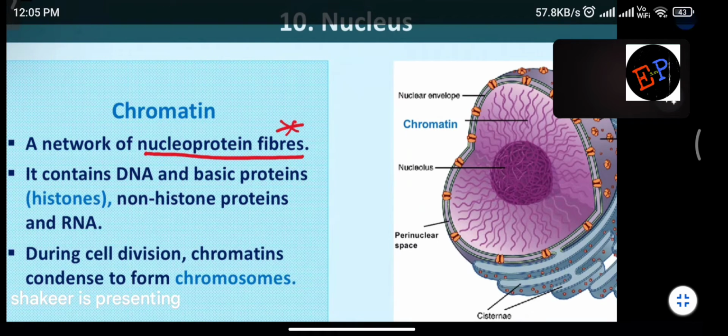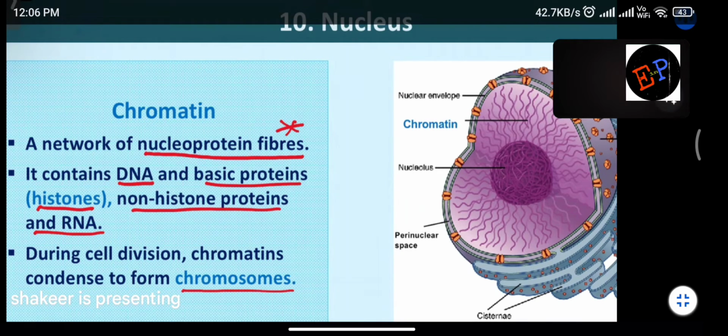It contains DNA and basic proteins like histones, non-histone proteins, as well as RNA. Okay? So what is present in chromatin? DNA is present, RNA is present, histones are present, non-histone proteins are also present. During cell division, chromatin condenses to form chromosomes.